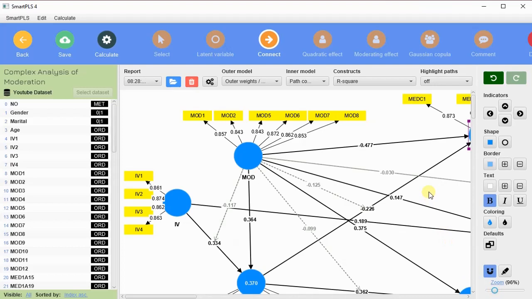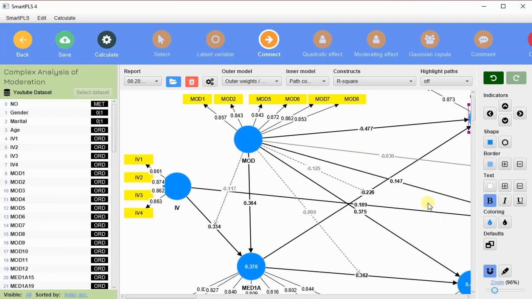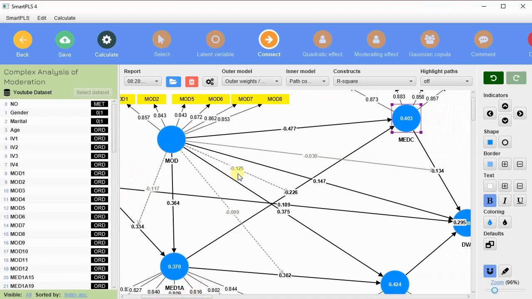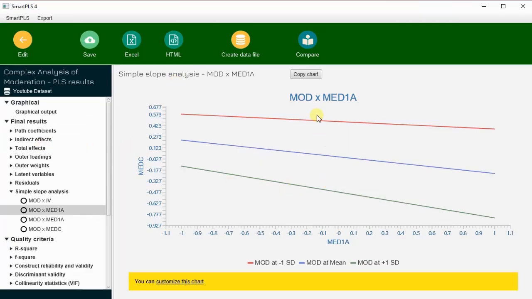Its value is about minus 0.125. This moderation effect lies between the moderator, mediator 1 and mediator C, and you can check that when we have a more negative coefficient effect of the moderator, the negative slope will be very clear here.